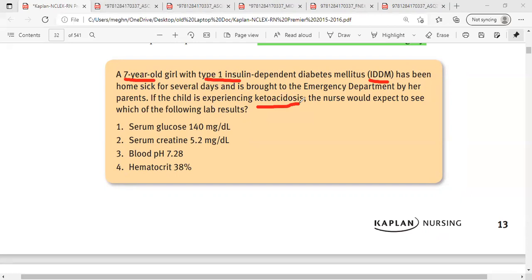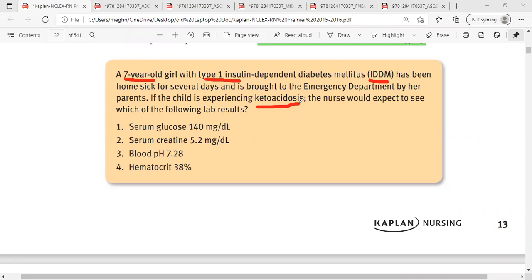So ketoacidosis, we call diabetic ketoacidosis or DKA. This is the complication of type 1 diabetes. But the complication of type 2 diabetes is called hyperglycemic hyperosmolar nonketotic coma, shortly called HHNK.